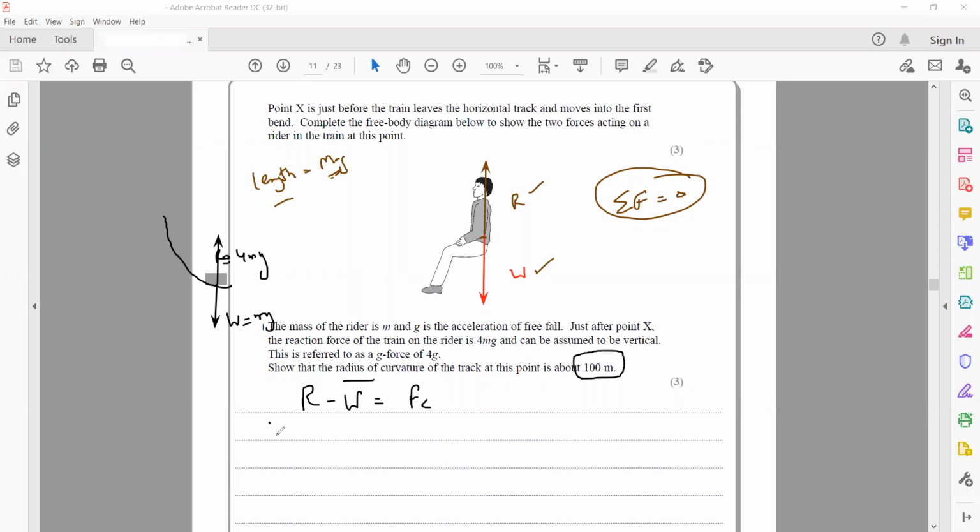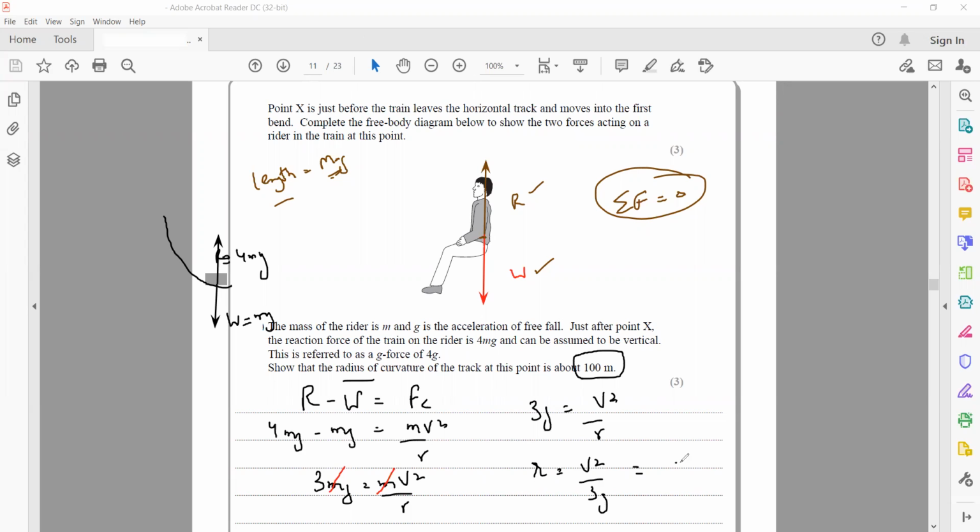R is 4 mg, so 4 mg minus mg is equal to the centripetal force, which is mv squared over R. When we simplify, 3 mg is equal to mv squared over R. m will cancel with m, so we are left with 3g is equal to v squared over r. But we need the radius, so r is equal to v squared over 3g. What is v squared?